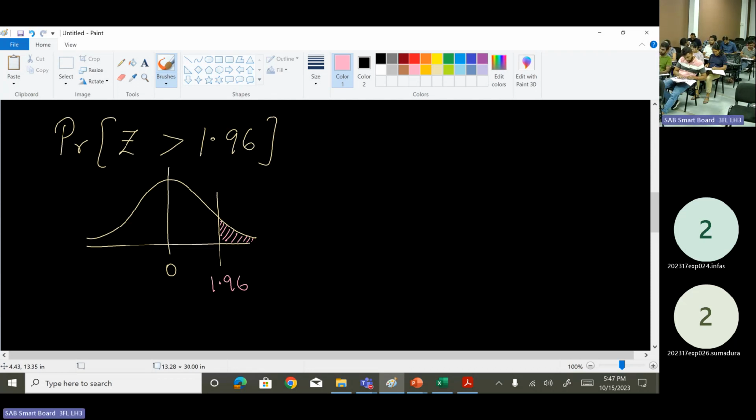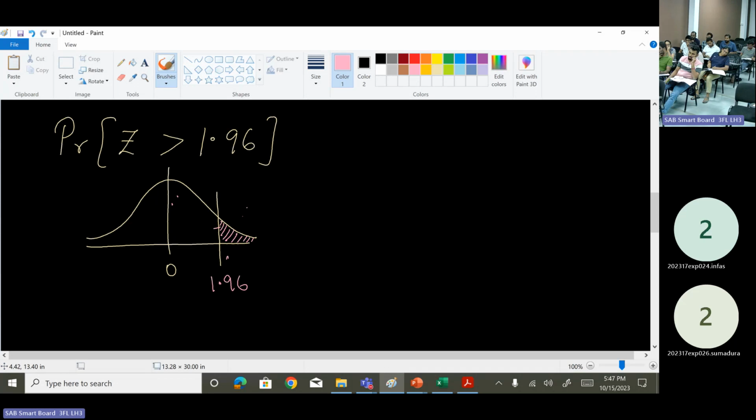But the table gives us only this area, 0 to whatever the level you give. Now we want the tail part. But the full region is 1. Symmetric. So this is 0.5. So 0.5 minus that one. Right? This part you can refer from the table. This is 0.5.